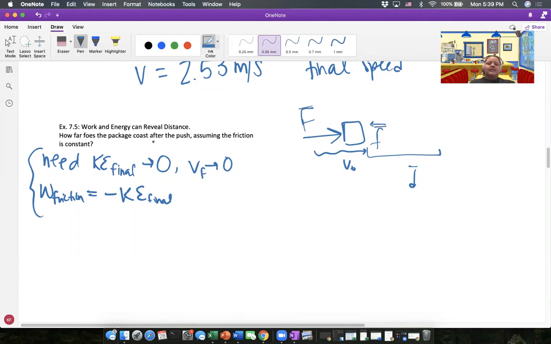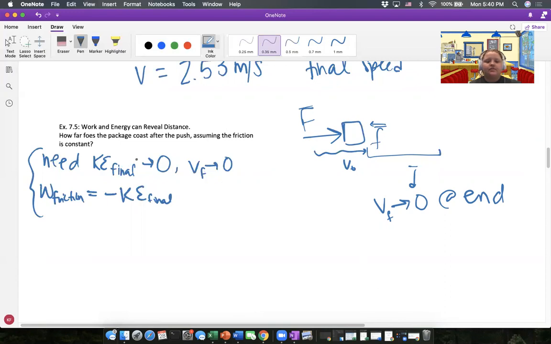Now, at the end of that push, okay, how far does it go? At the end of that push, we're assuming that our velocity would go to 0, okay? At the end, when it stops, okay? And so our kinetic energy at that point would also be 0.